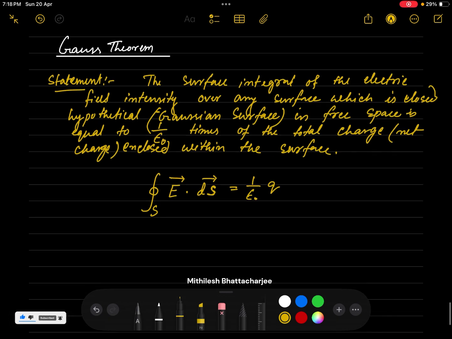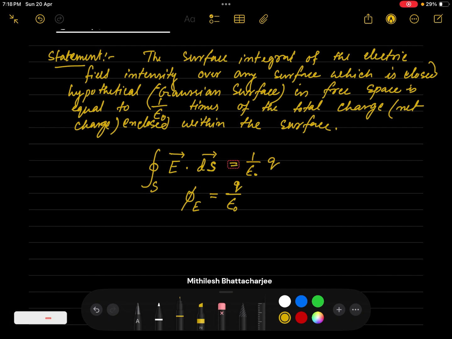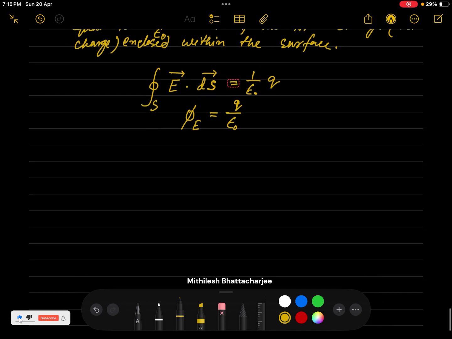Now, the surface integration of E dot ds is nothing but the flux. So flux is equal to 1 by epsilon naught times q, that is, q by epsilon naught. Okay, so we have to prove this.